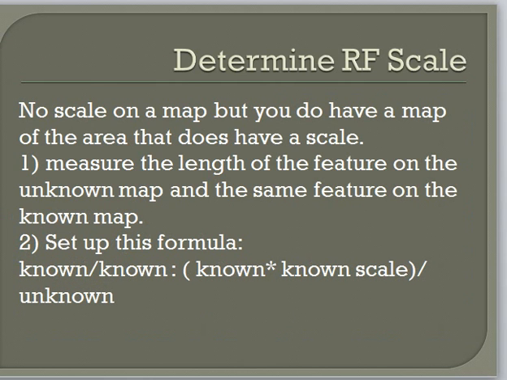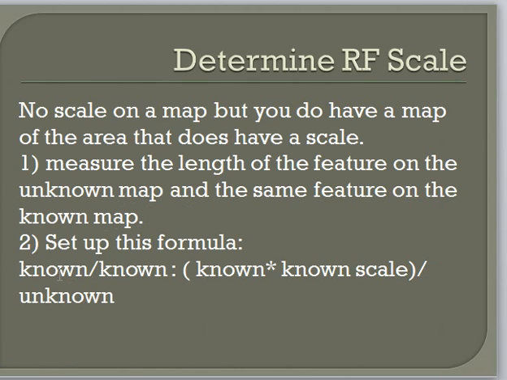Okay, so what if I can't measure something on the ground, but I do have a different map where I do know the scale. So if I measure the length of the feature on the unknown map that has no scale, and I measure the length of the feature on a map where I do know the scale, again, I can set up a ratio, and I can use the scale information from the known map.